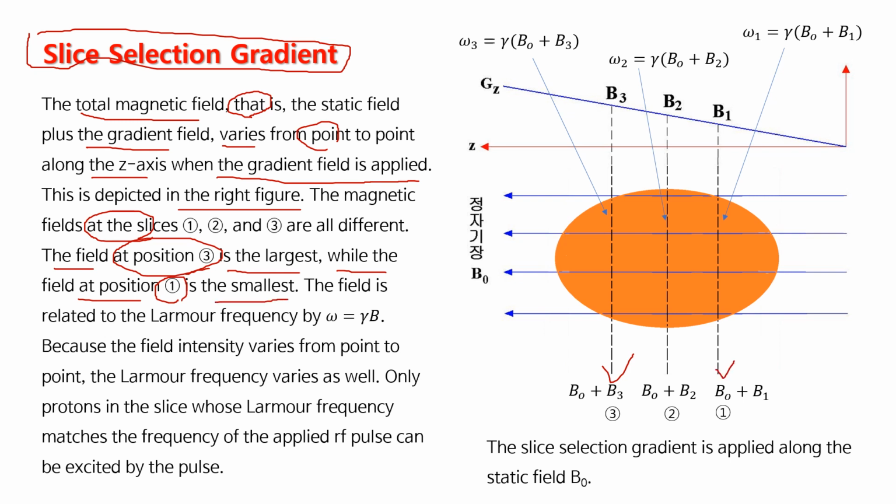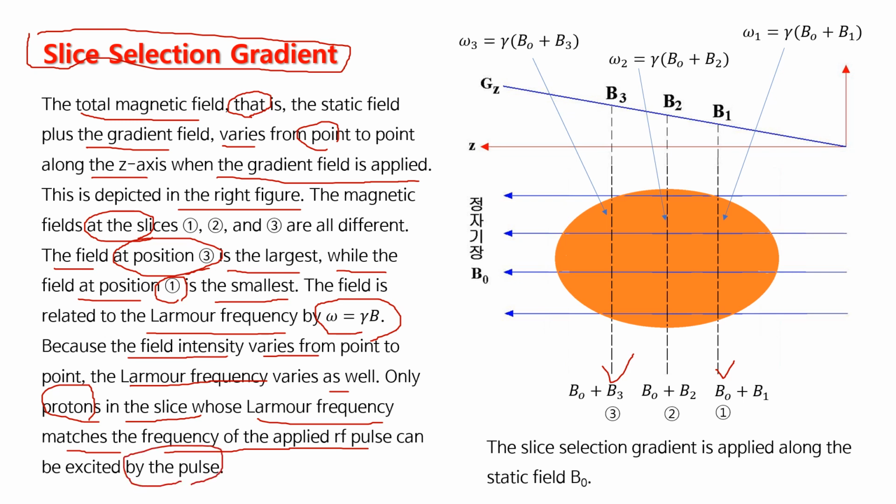The field is related to the Larmor frequency by omega equals gamma B. Because field intensity varies from point to point, the Larmor frequency varies as well. Only protons in the slice whose Larmor frequency matches the frequency of the applied RF pulse can be excited by the pulse.